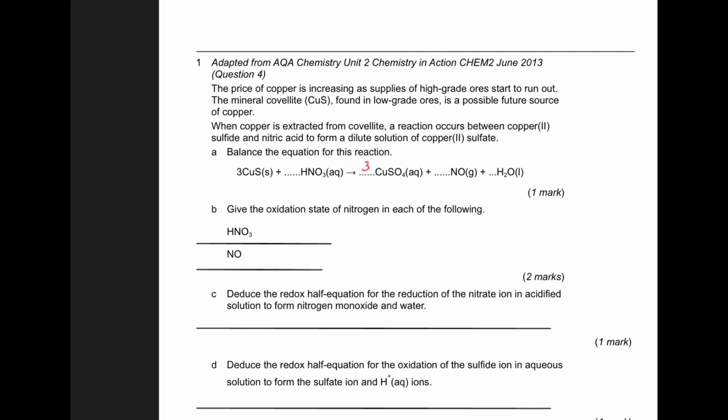Now let's consider the others. Nitrogen: we have 1 nitrogen. The only place to find nitrogen is here and here, so this number and this number must be the same. What number is that?